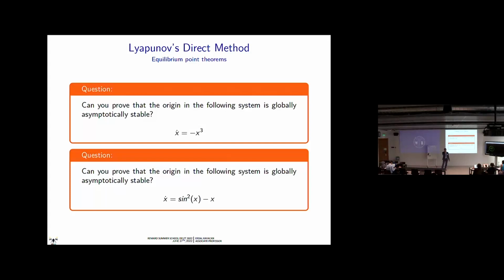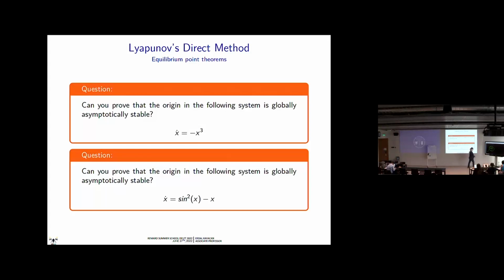You can come to this conclusion using another Lyapunov function, if you can. And geometrically, by using Poincaré's method, I can say it's globally asymptotically stable. It's the minus x cubed, right?